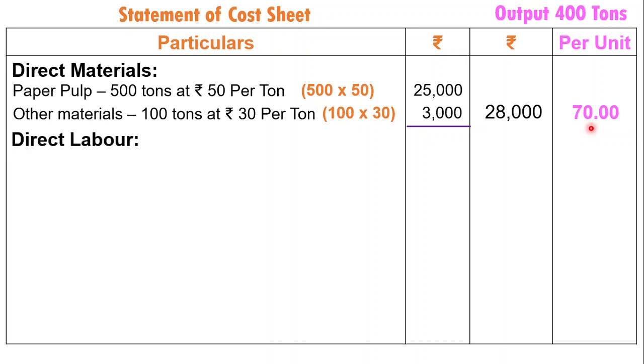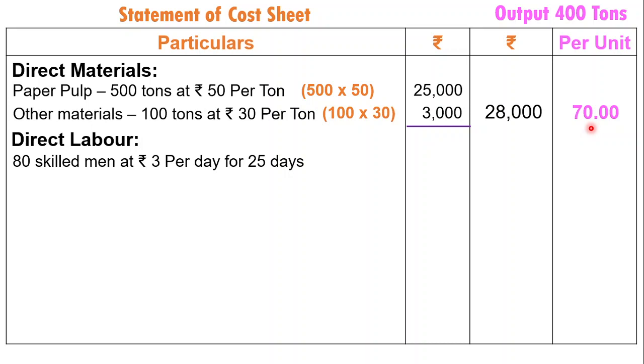Direct labor, the second item, is given. Here there are two types of direct labor, skilled workers and unskilled workers. Information is provided: 80 skilled men at the rate of 3 rupees per day of wages, they worked for 25 days.